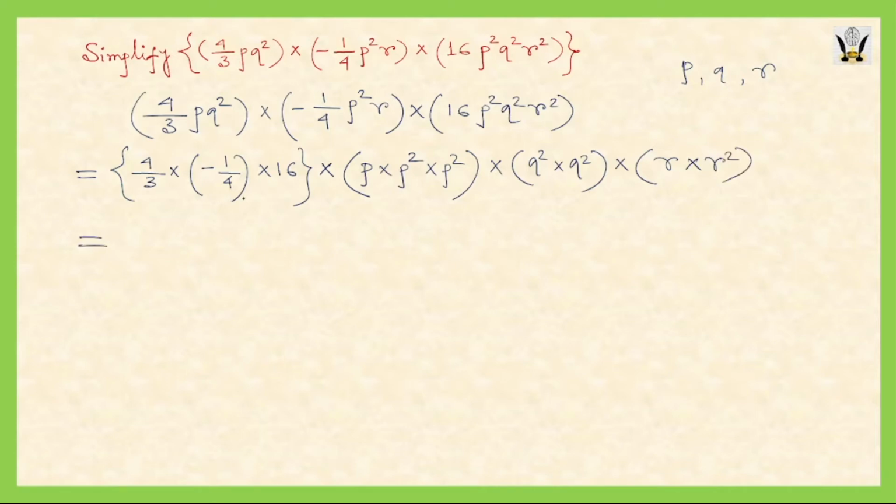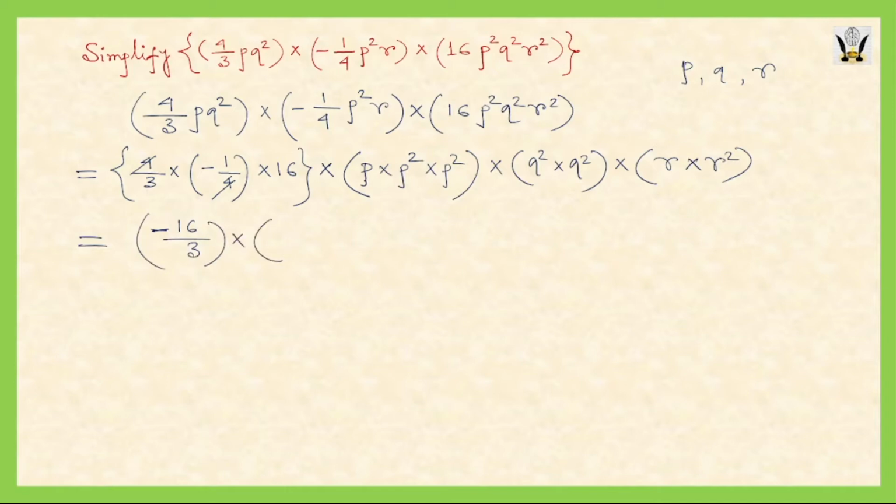So again in this line, if we multiply all the constant coefficients, then 4 and 4 will cancel each other. 3 and 16, we cannot divide 16 by 3 because 16 is not a multiple of 3. So it will be minus 16 divided by 3, the constant term after simplification.